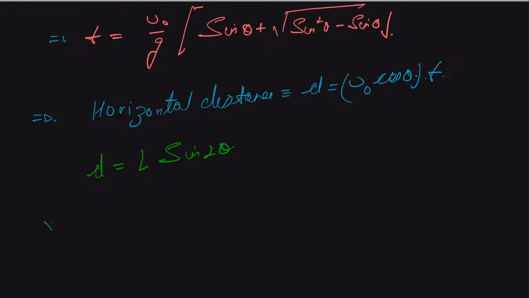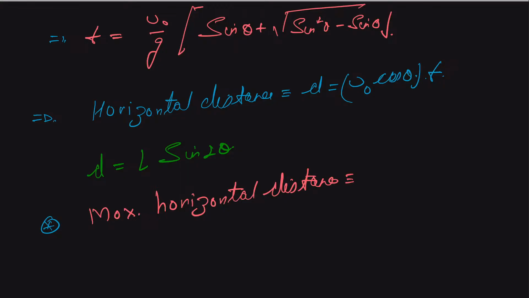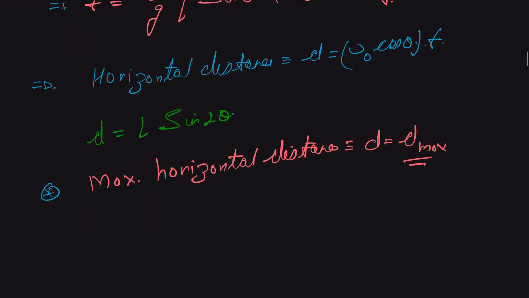So we can say that for the maximum horizontal distance, d should be equal to our d max, and this will be only possible if the value of sine 2 theta is equal to 1, or we can say the value of theta is equal to pi by 4.